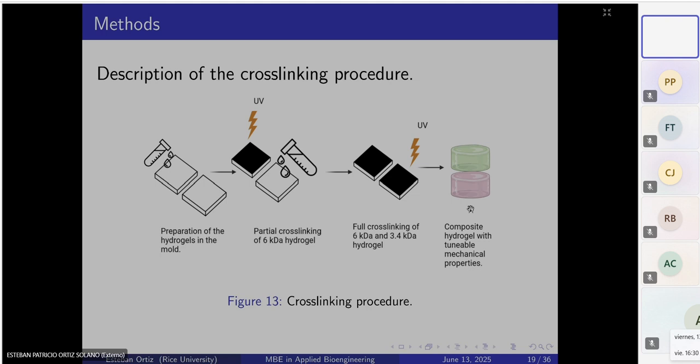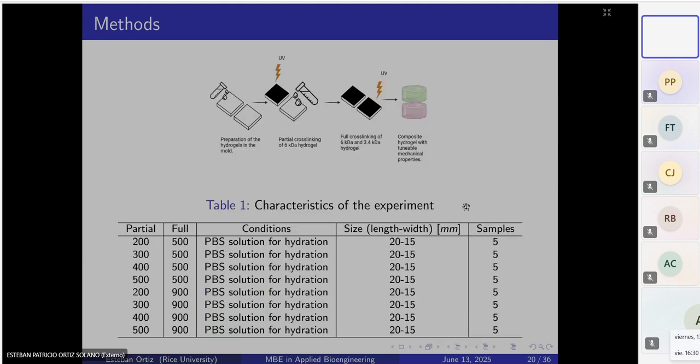With this, you can create that composite hydrogel, in which one part is going to be stiffer than the other, because remember that the leaflet has one region which is more flexible than the other. And the other is important to provide structure to the leaflet.